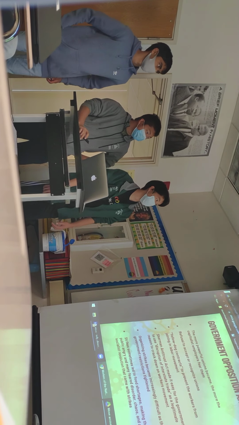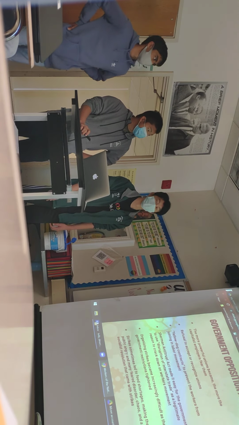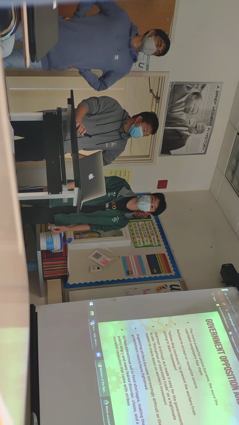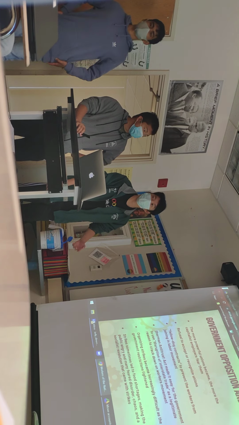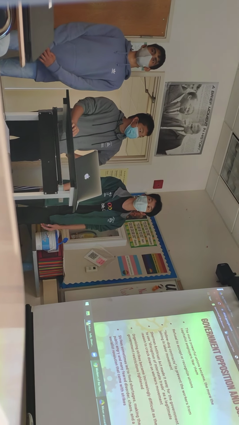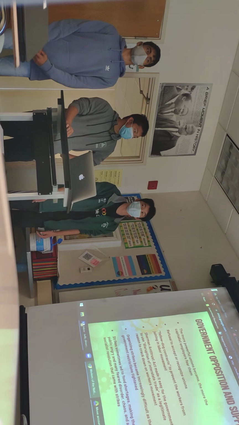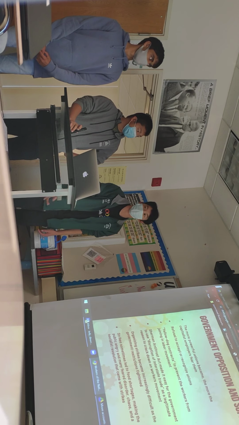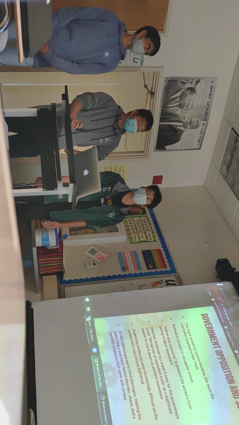Alright, so government opposition and suppression of workers. The more powerful unions became, naturally, the more capitalist employers were afraid of them, and some of them even refused to accept unions. They introduced yellow-dog contracts, which basically prevented workers from joining the labor movement, and that prevented them from fighting for their rights.